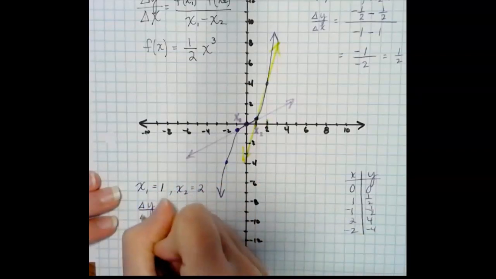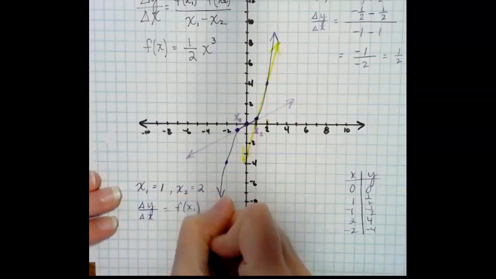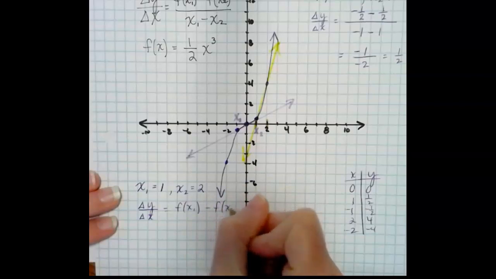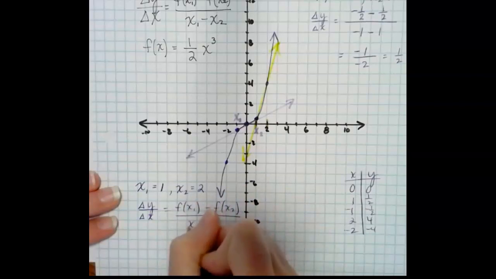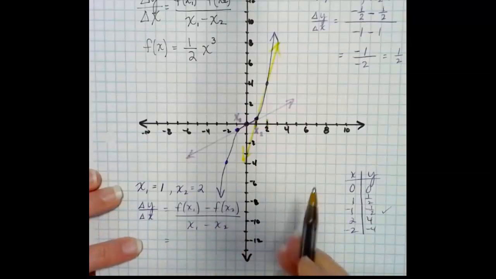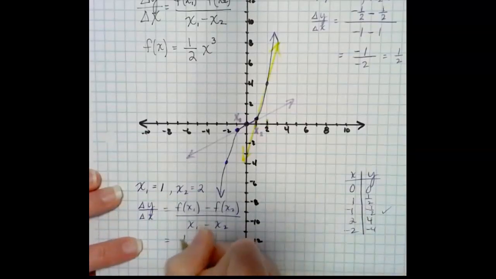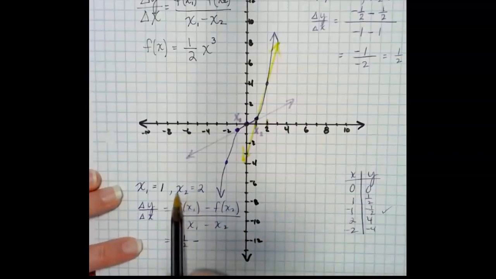So delta y over delta x, so that's f of x sub 1 minus f of x sub 2 over x sub 1 minus x sub 2. So let's plug in those values. We've got them right over here in our XY chart. So when x sub 1 equals 1, we're at 1/2, minus when x sub 2 equals 2, we're at 4, over 1 minus 2.